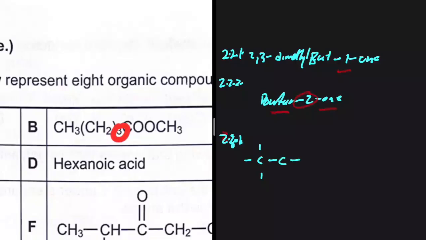So 1, 2, 3 with 2 hydrogens each. Okay, and then after that we have another carbon which is double bonded to an oxygen, and one other oxygen which is bonded to each carbon. Okay, so this is the structure you're supposed to have for compound B.